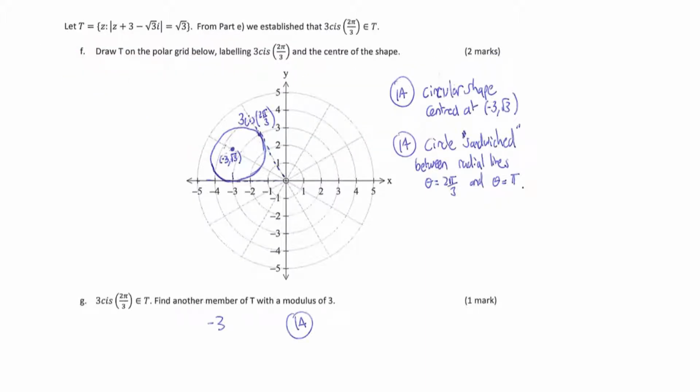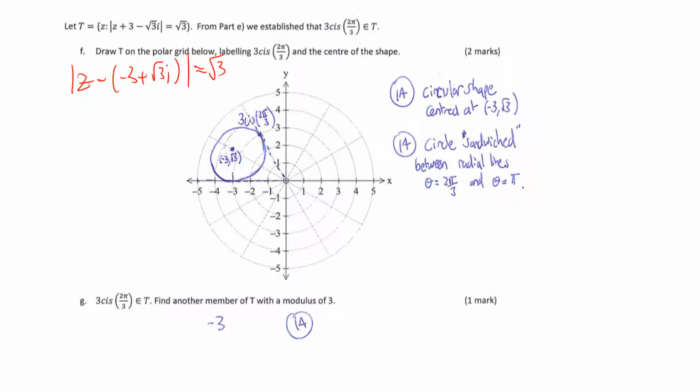Okay, things were getting a little bit tricky at this point, I would have thought. T is the set of all complex numbers whose distance from -3 plus root 3 i, which of course we should start to identify now as point A, is fixed at root 3.